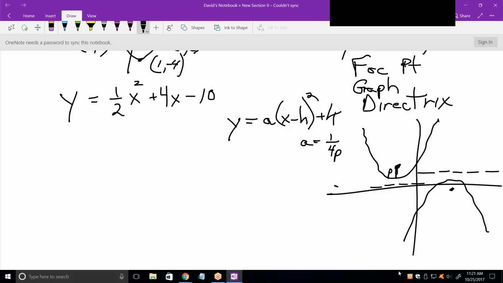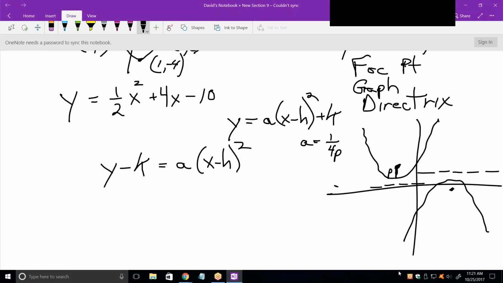Let's transform this equation a little bit. Let's take the k and put it on the other side, so we end up with y minus k equals a times x minus h squared.